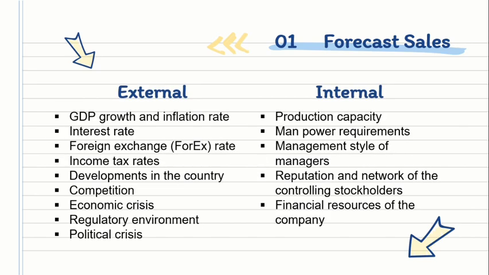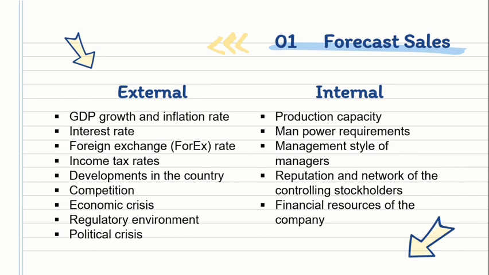So, what are examples of these factors? For external factors, we have GDP growth, inflation rates, interest rates, forex rates, income tax rates, and the passage of the TRAIN law and CREATE law. Then, there are developments in the country or the economic situation of our country.